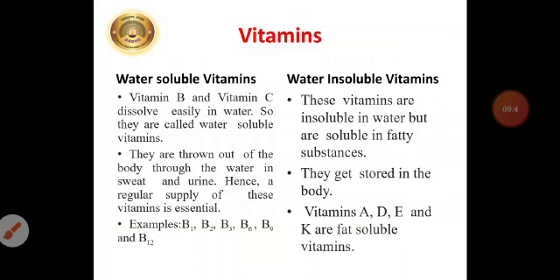Now about water-insoluble vitamins. These vitamins are insoluble in water, but they are soluble in fatty substances. They get stored in the body. For example, vitamins A, D, E and K are water-insoluble vitamins.